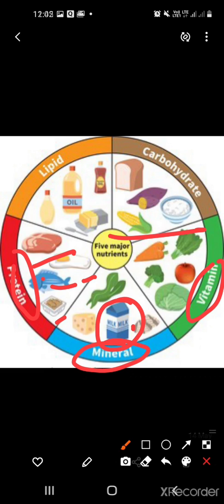Right. Now next is fats. Fine. Fats give us energy. They keep our body warm. So here oil, butter, ghee, nuts and fish contain fats. Too much fat is also not good for our health.